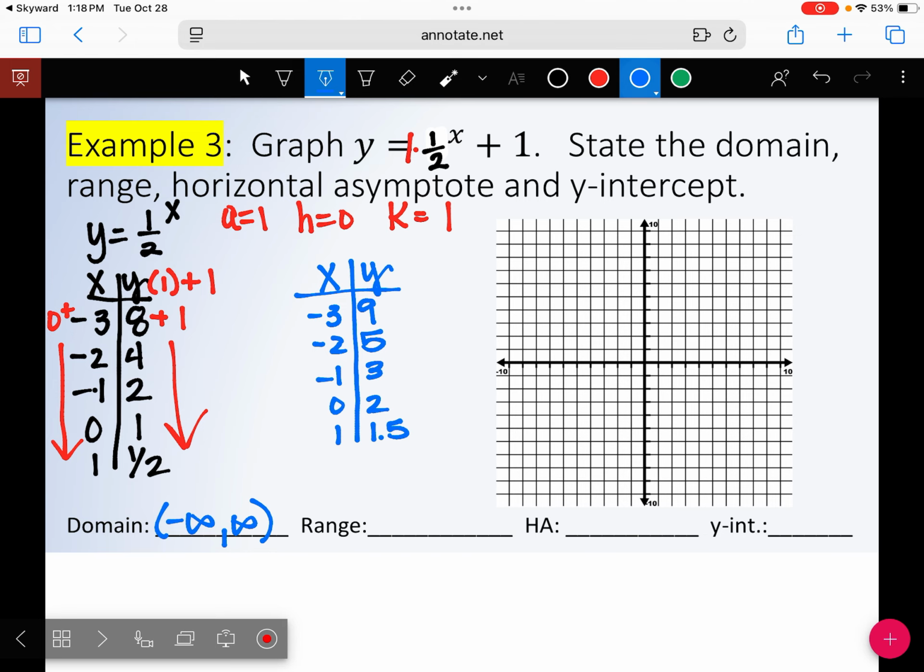I'm going to write down my horizontal asymptote. Y equals 1. I'm going to draw that in. And then I'm going to graph it.